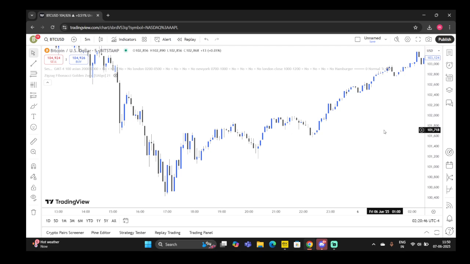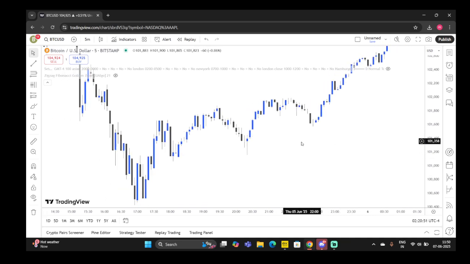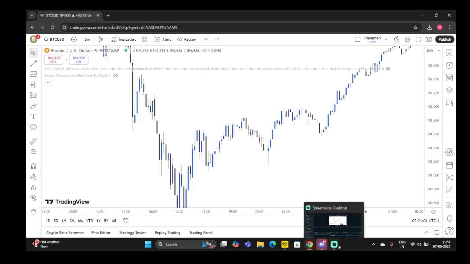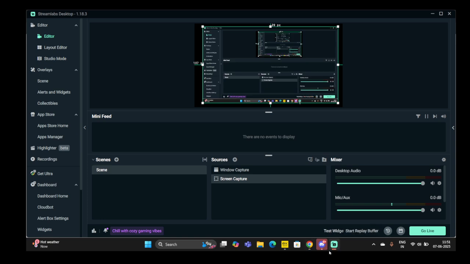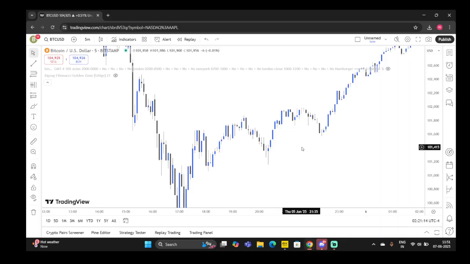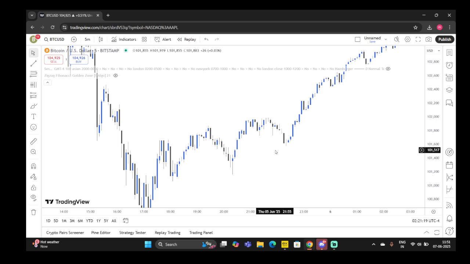If you follow the ICT concepts, when do you take a sell? Only when a market structure shift happens.